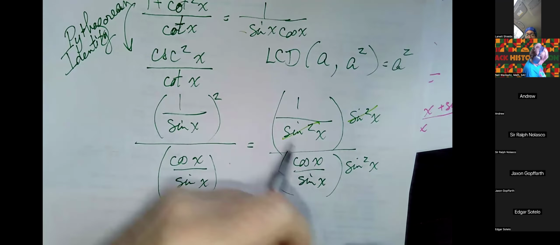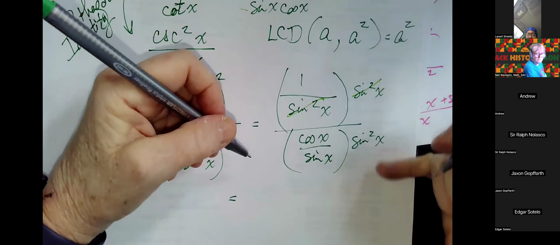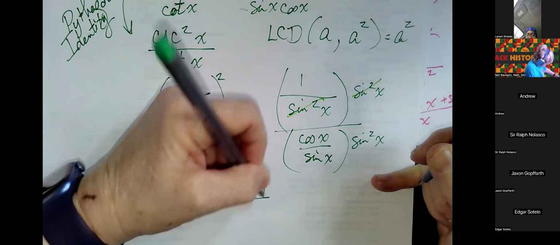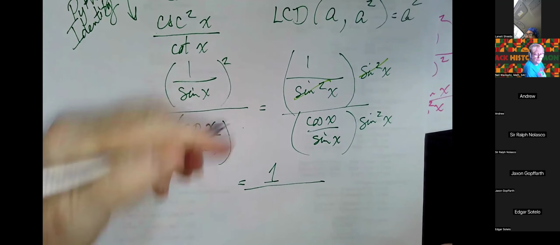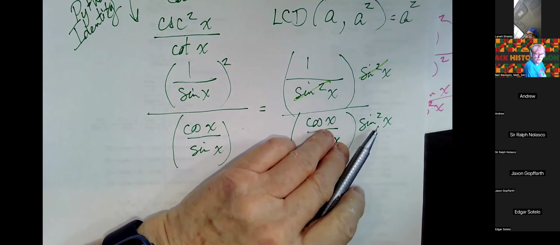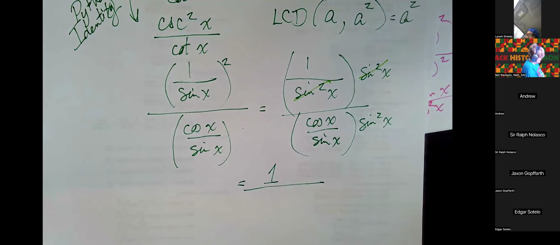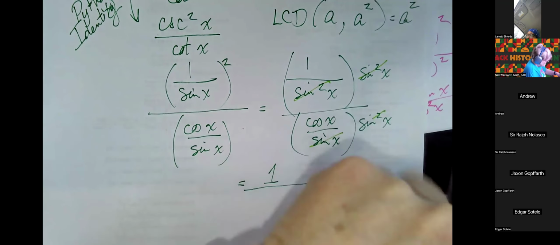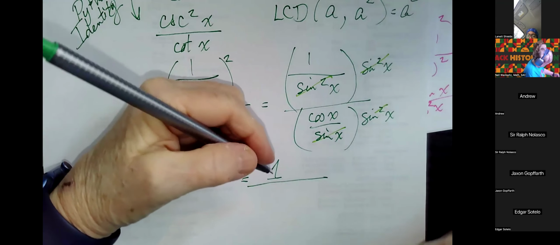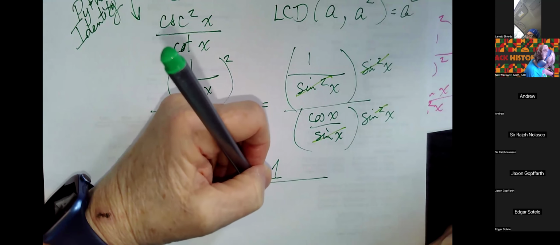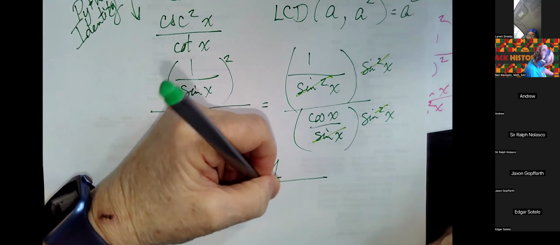Good. And what's left in the numerator? One. In the denominator, we have cosine x over sine x times sine squared x. Does anything divide out in the denominator? Sine. Okay, so what's left in the denominator? So it would just be 1 over cosine over sine.